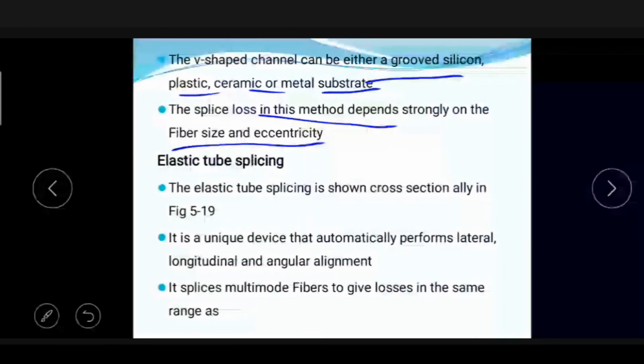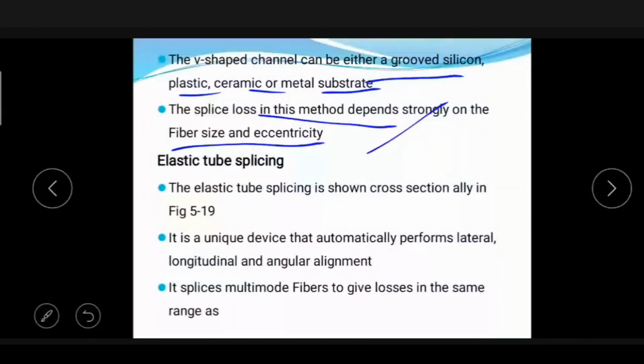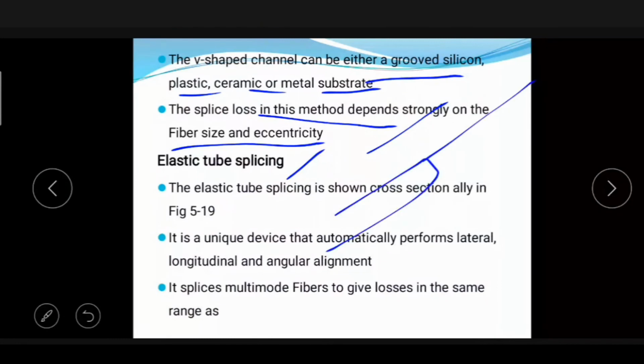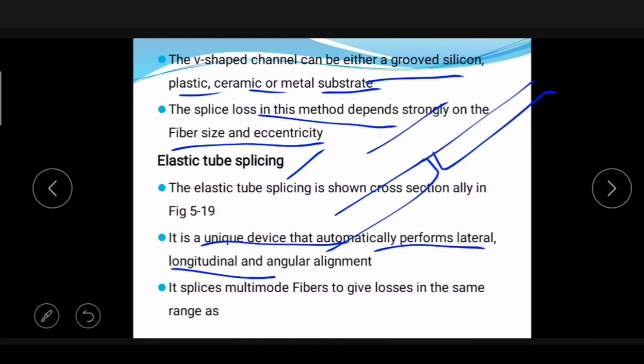Then elastic tube splicing, the third one. Elastic tube splicing uses an elastic tube into which you insert two fibers from either side. So it is a unique device that automatically performs lateral, longitudinal and angular alignment. So that is the advantage of elastic tube splicing.